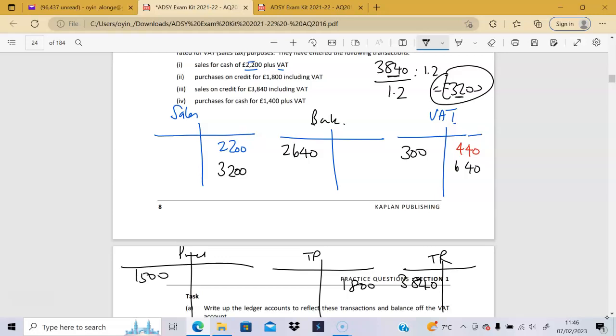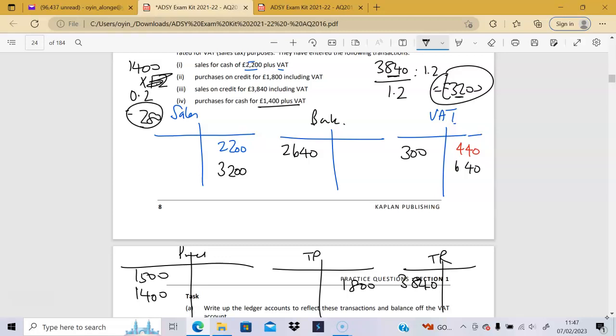And then finally, you have the same thing, purchases for cash, straight purchase as well. This is 1,400 plus VAT, and that's coming out of your bank. But what I must do is work out the VAT. So let's work out the 20% on the 1,400. 1,400 times 0.2 is 280.